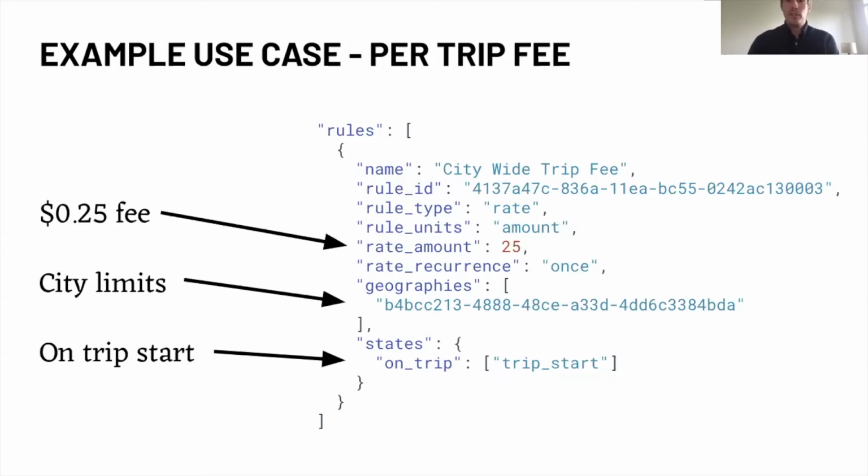You can see the on-trip start state in this particular geography. And geographies in MDS are represented through a separate API, but through this unique identifier. So in this scenario, this identifier represents the city limits. So this is intended to represent a simple per trip fee.